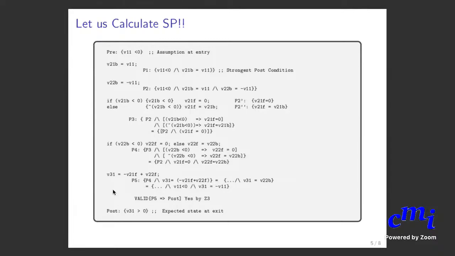Why do I include this part of the thing? Here I'm interpreting each of these as predicates standalone that describe whatever the state is at that point. If I had not included this and only constrained this, then it would have said V21B is equal to V11, but V11 could be anything. That's what that predicate will mean.